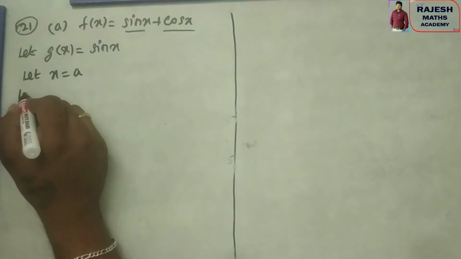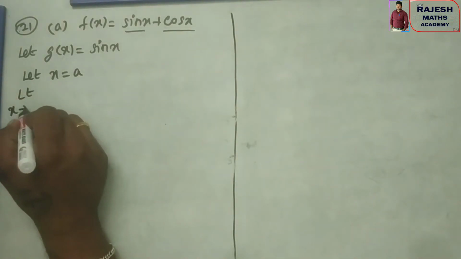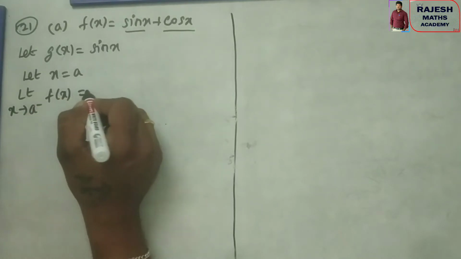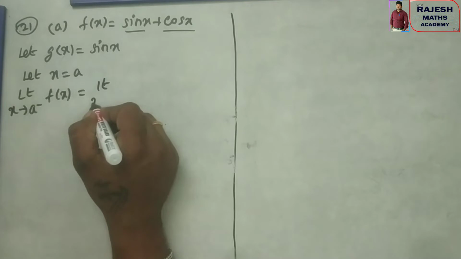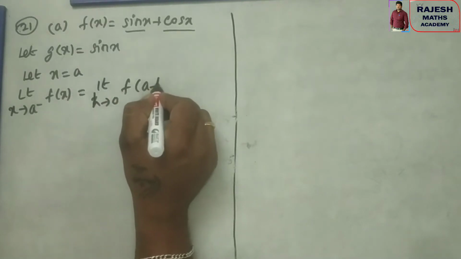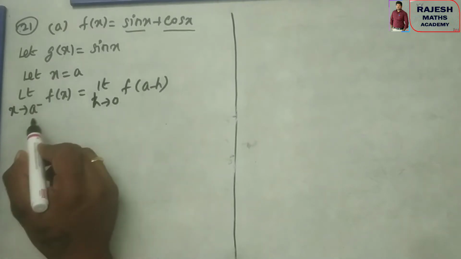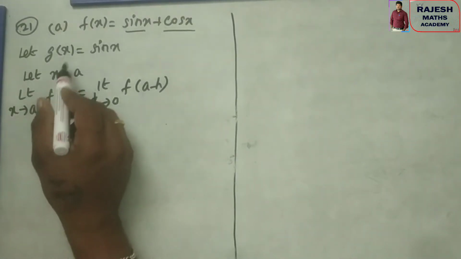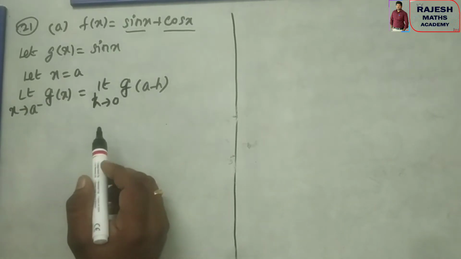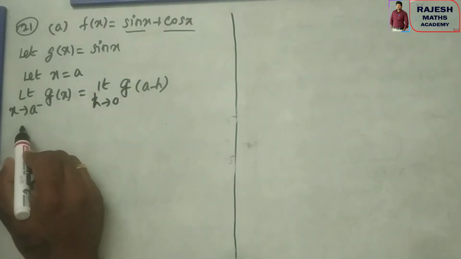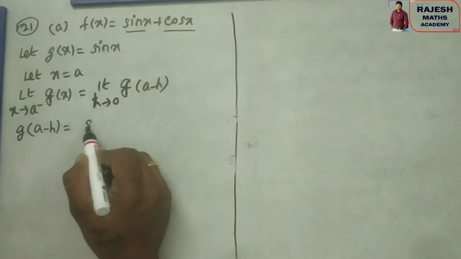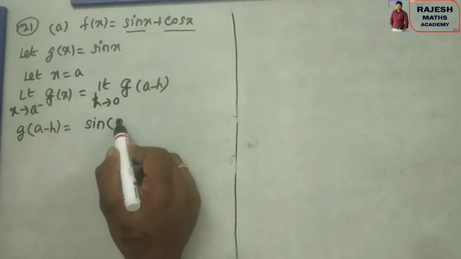Now what is the limit of the function? Left hand limit, limit x tends to a minus f of x, is equal to limit h tends to 0 f of a minus h. What is the value of f of x here? We have used g, so we can use g of a minus h. g of x equals sin x, so g of a minus h means sin of a minus h.